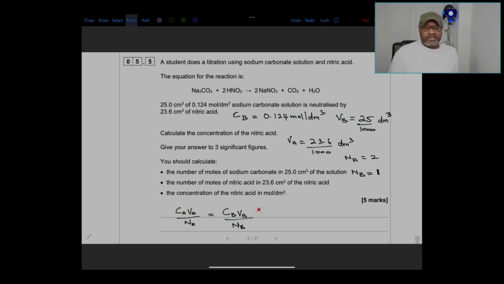We could have used this and then make the concentration of acid, which is what we're looking for, the subject, and then we get this. But the question is asking us, we could do this by getting that straight away.